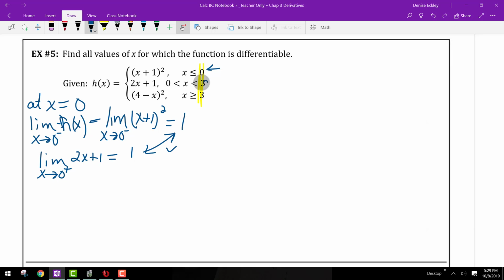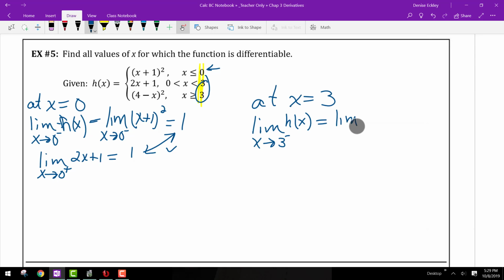And the next point we have to check is at 3. So at x equals 3, we're going to do the limit as x approaches 3 from the left of h of x. So that's going to give us the limit as x approaches 3 from the left of 2x plus 1.